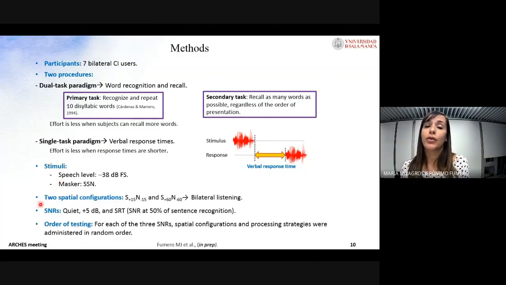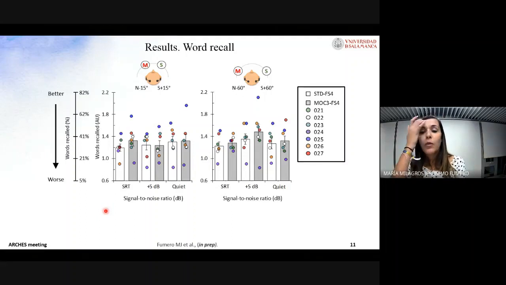Effort was measured for two spatial configurations in bilateral listening and at three different SNRs that include the individual SRTs for each participant. And here we can see the word recall results. This figure illustrates the transformed proportion of recalled words in arcsine units and the corresponding score in percentage as a function of signal-to-noise ratio for the two processing strategies represented by the white and gray bars and for the two spatial configurations.